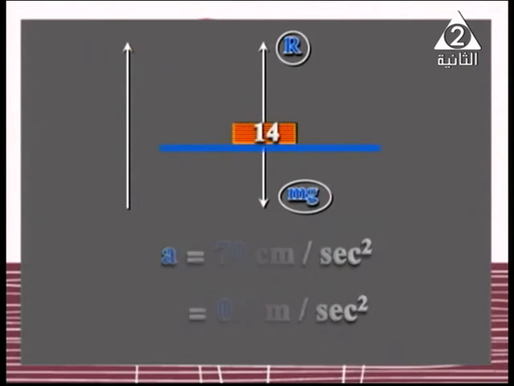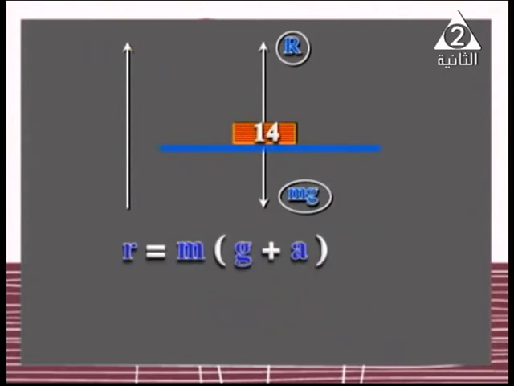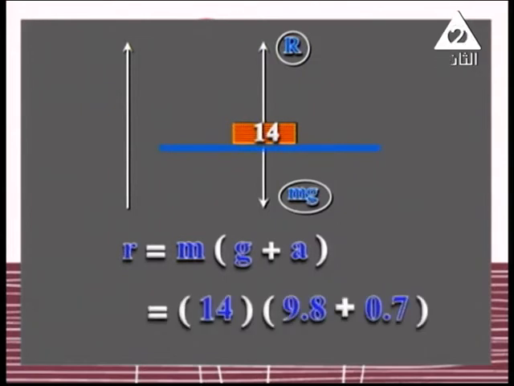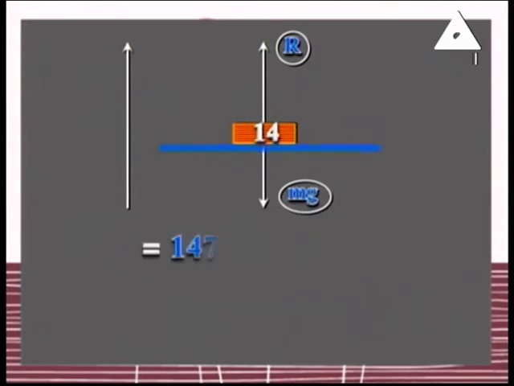R equals M multiplied by bracket G plus A. G is gravity, A is acceleration. By substitution, M equals 14, G equals 9.8, acceleration 0.7. Therefore, what is R? R equals 147 Newton.